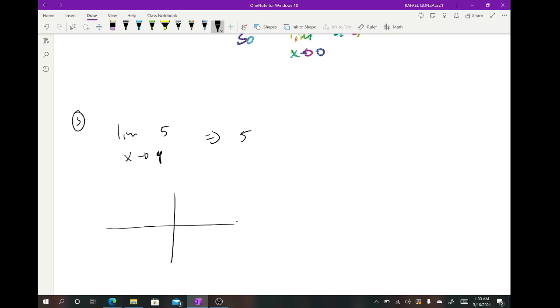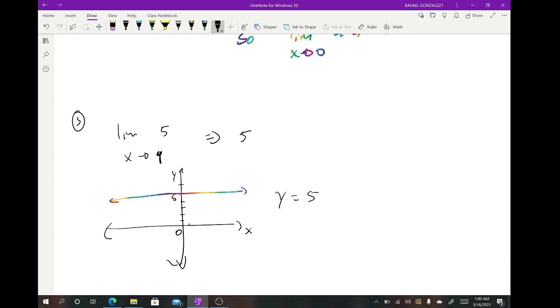If you plot y equals 5, the graph of y equals 5 is a horizontal line that goes through 5.